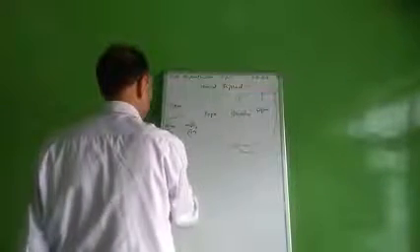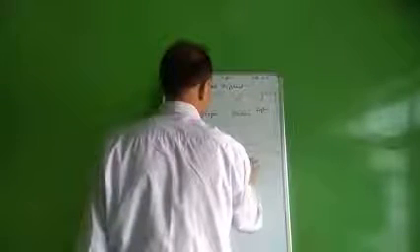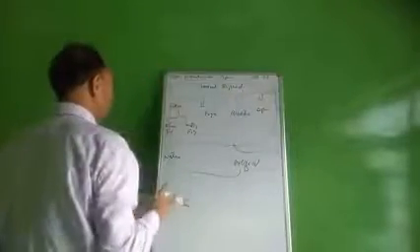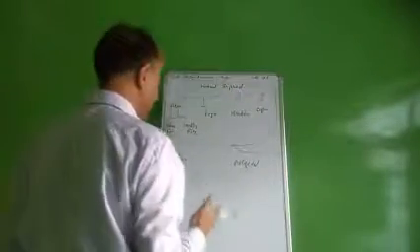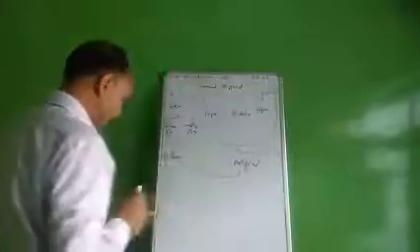And vegetative propagation is of two types: natural method and artificial method. The artificial methods are layering, cutting, grafting, and tissue culture. So these are the types of asexual reproduction.